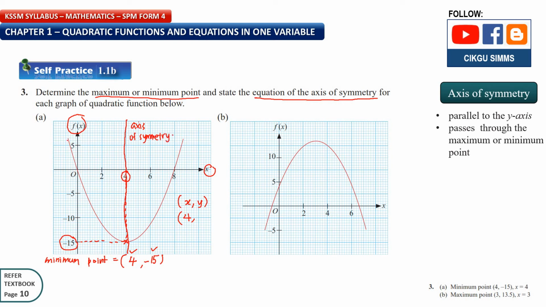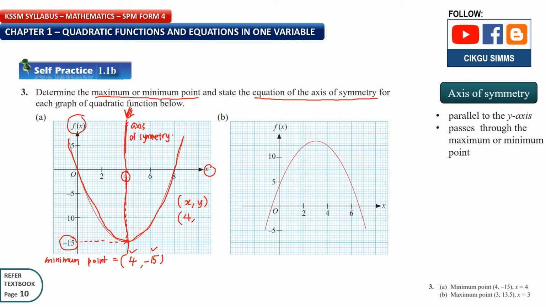You can notice that the left side of the graph is the same as the right side of the graph, so this axis of symmetry will be like a mirror. This line has a name, which is called an equation. The equation for this is x equal to 4.